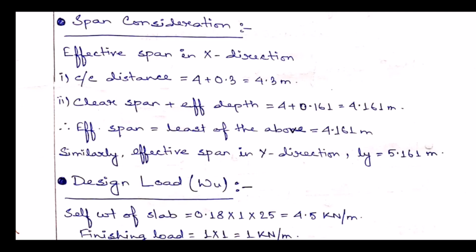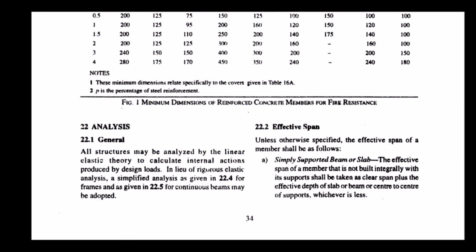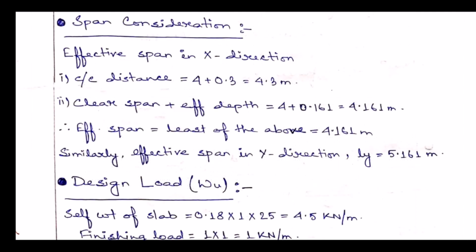But we have to consider the effective span as per clause number 22.2 of IS 456-2000. Look, for a simply supported beam or slab, the effective span of a member that is not built integrally with its support shall be taken as clear span plus the effective depth of the slab or beam, or center to center of support, whichever is less.